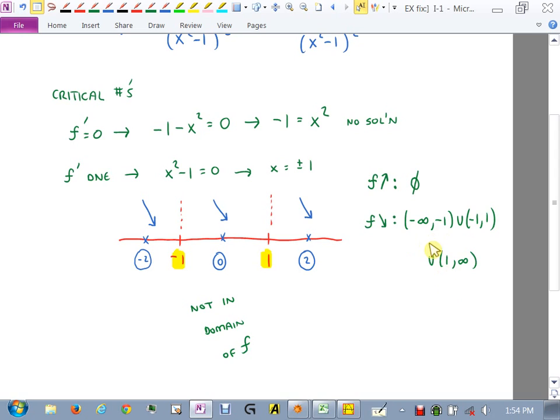That's how we say in interval notation, everything except negative 1 and everything except 1. Is that notation okay for you? I always have students ask me, can I just write x can't be 1 and x can't be negative 1? That's correct also, but interval notation is preferred notation, I guess. The book, I believe, is going to use interval notation in the back.